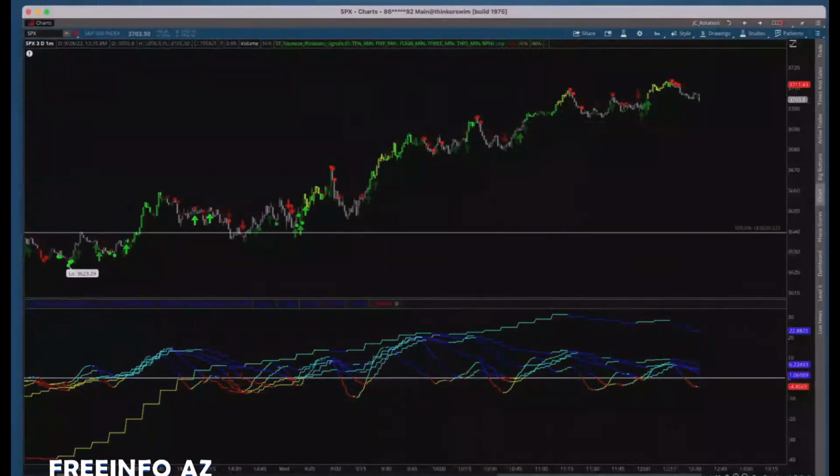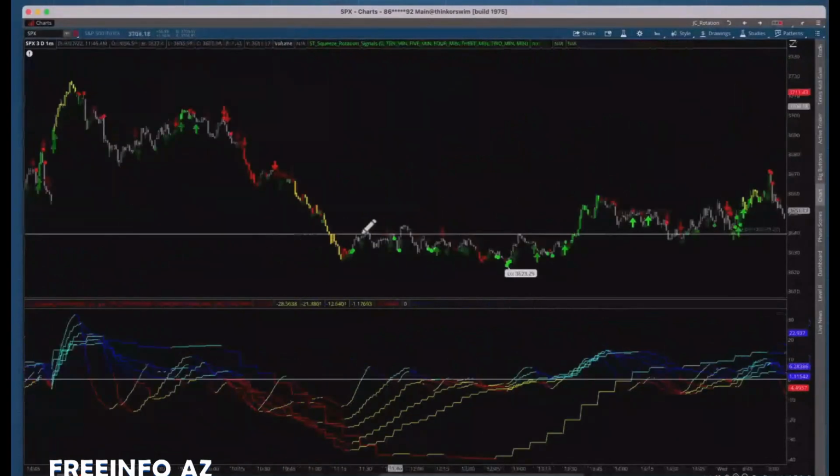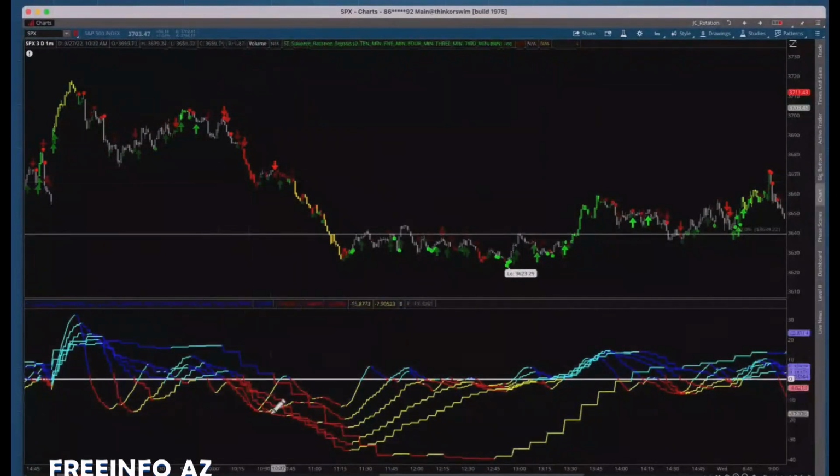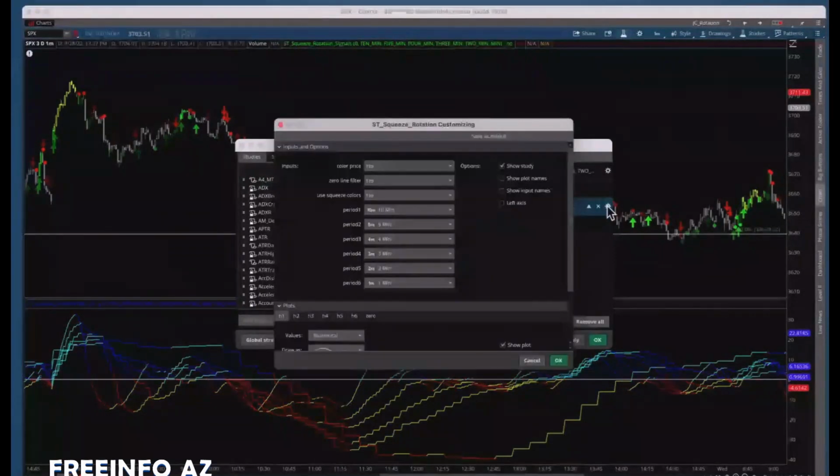So it's trying to filter out some of the trades that might otherwise chop you up. I encourage you to experiment with that. You'll see on the downside here, we just get the candle colors when all of the oscillators are moving the same way and below the zero line. That's what it does. Let me turn that back off.